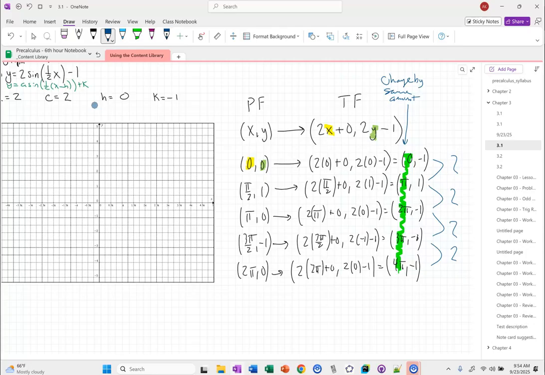So this should also always be the same, right? So those y coordinates should always be changing by the same amount. And coincidentally, what they're changing by is your A, or I should say, absolute value A.